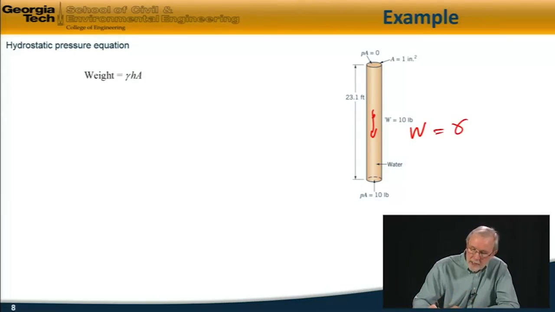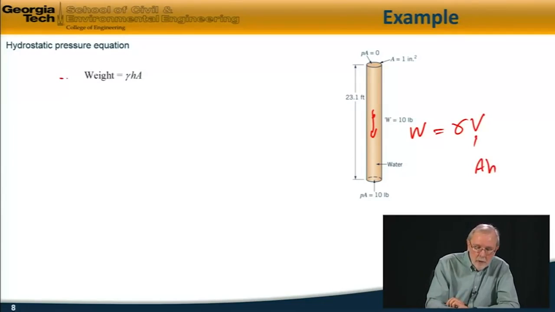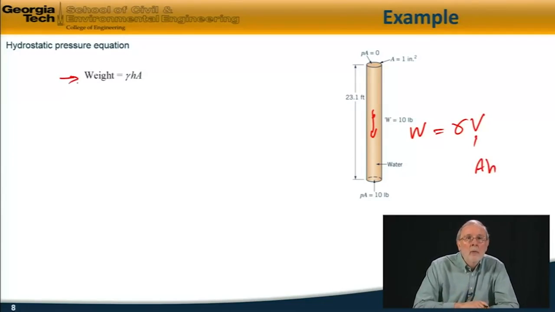So the weight is equal to gamma times volume, but the volume is just the cross-sectional area of the prism, A, multiplied by the height, h. So therefore, we get this equation that the weight is equal to gamma times hA.